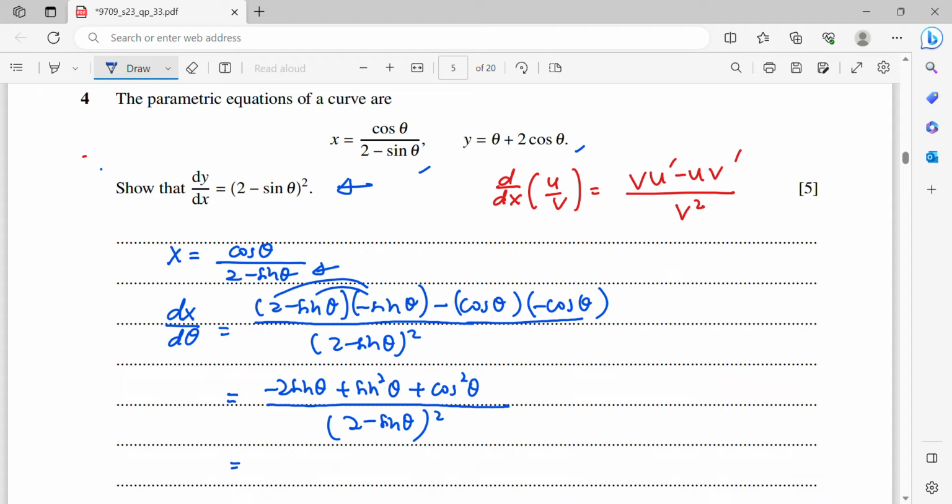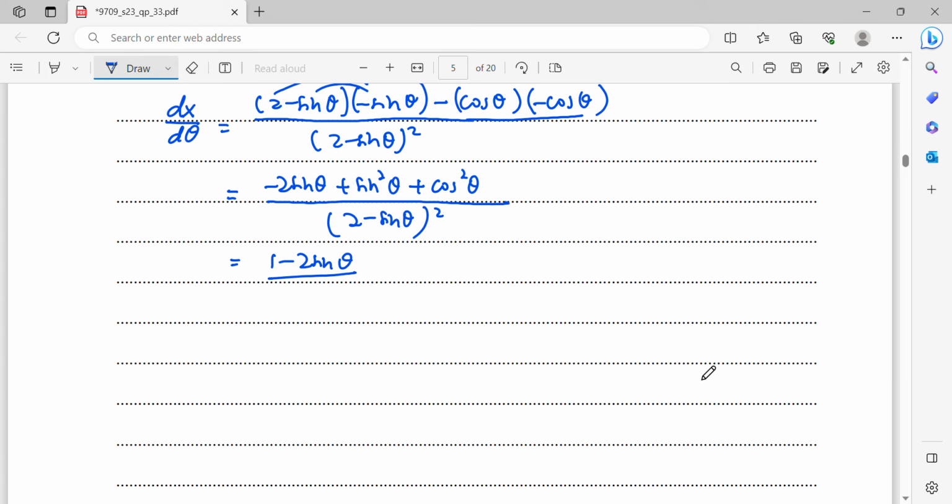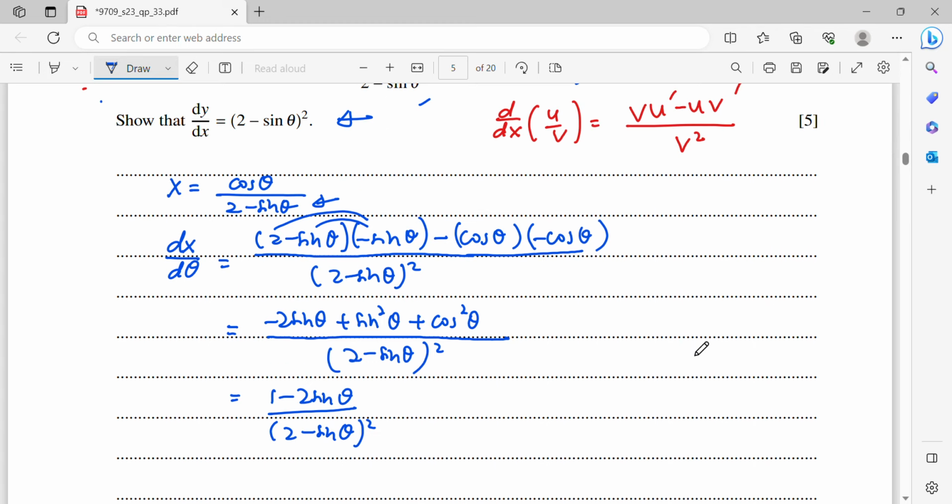Now, sine squared theta plus cos squared theta is basically 1. So this is the dx over d theta.